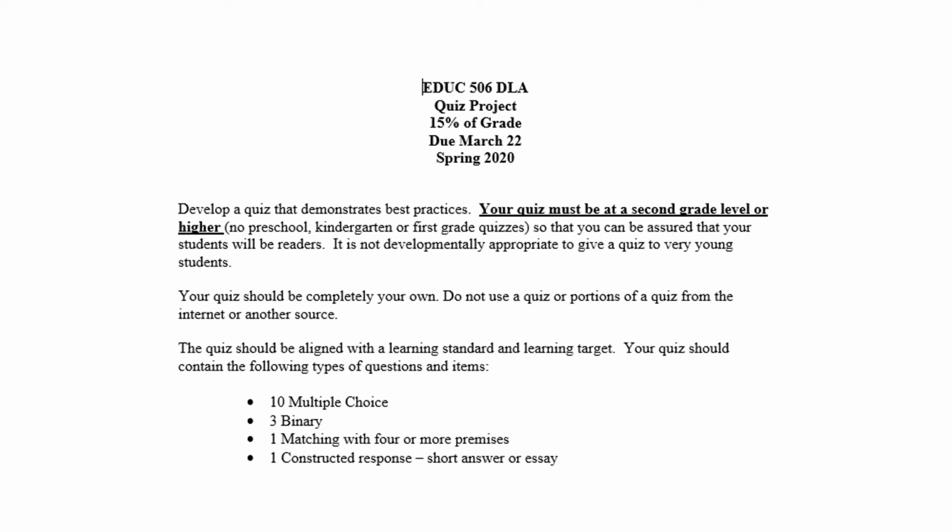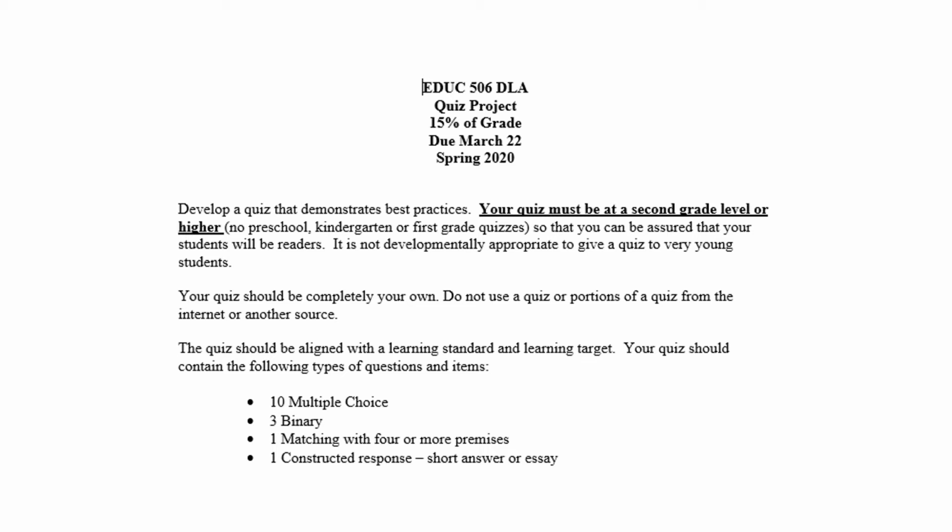Your quiz should contain specifically the following types of questions and items: 10 multiple choice, 3 binary, so we're learning that binary means true, false, or fact, opinion, any kind of question that has only 2 choices. 1 matching with 4 or more premises. So remember, premises are the words on the left.